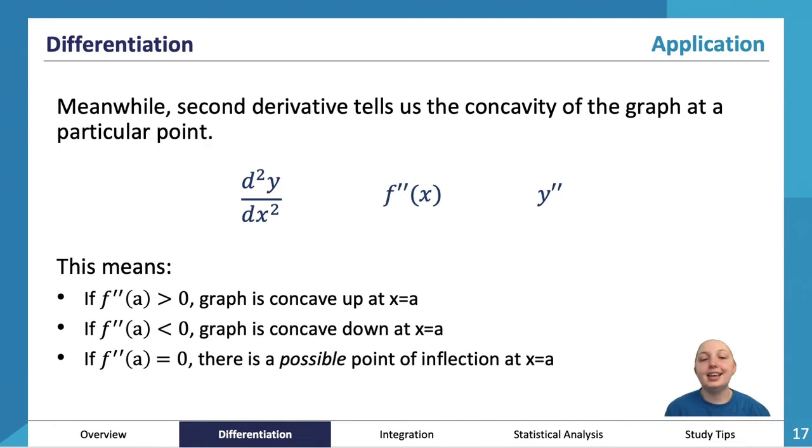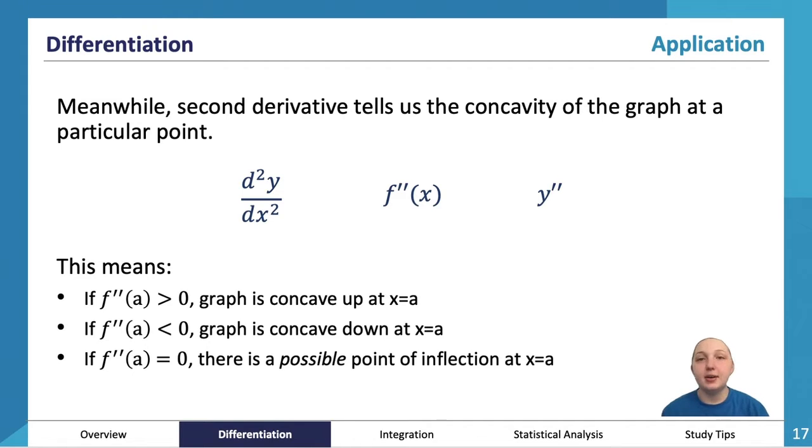And if f double dash a is exactly equal to 0, there's a possible point of inflection at that point. We will in a little bit talk about the use of the word possible, so don't worry about that just yet.